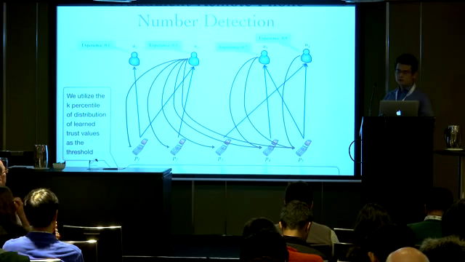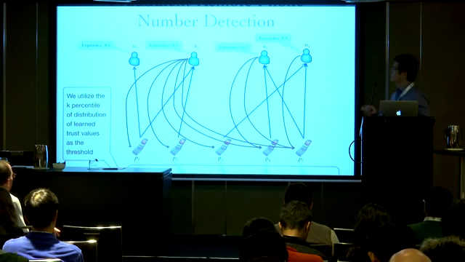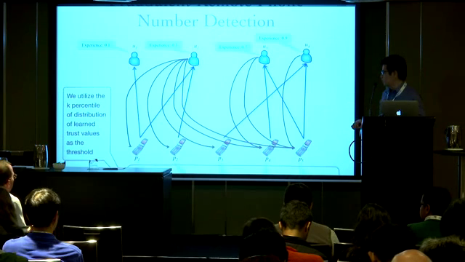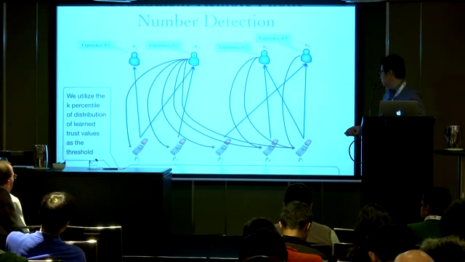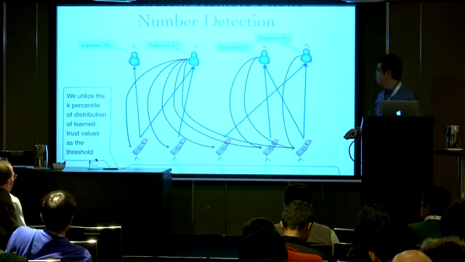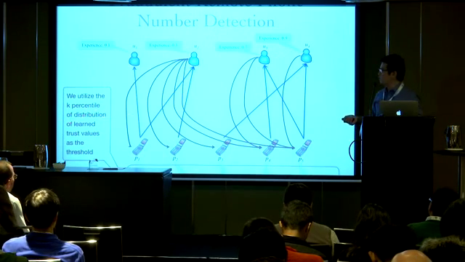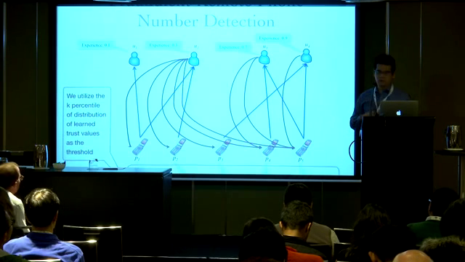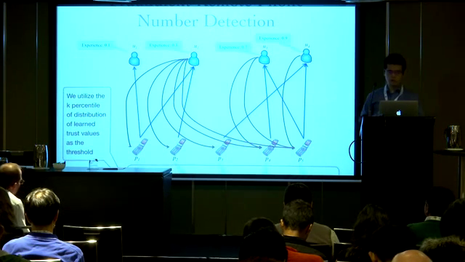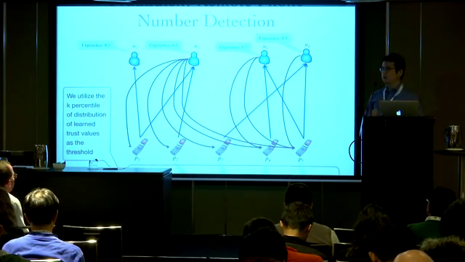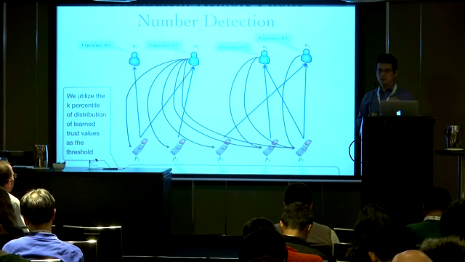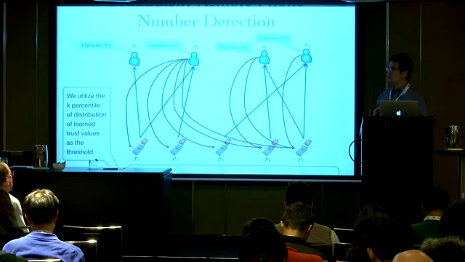So after learning, we have users' experience and the trust value of phone numbers. So we can use the K percentile of the distribution of trust value as a threshold to examine whether the phone calls are fraud.